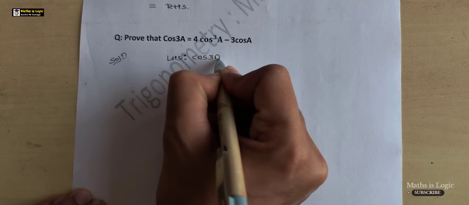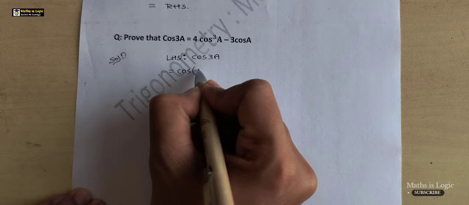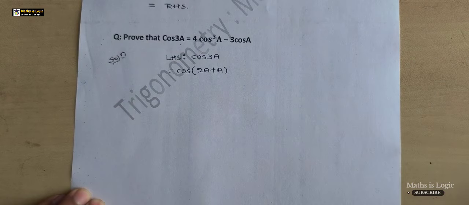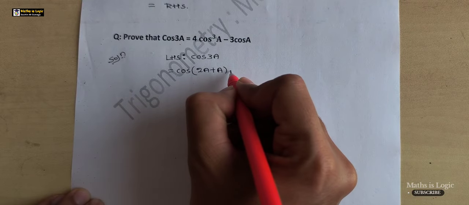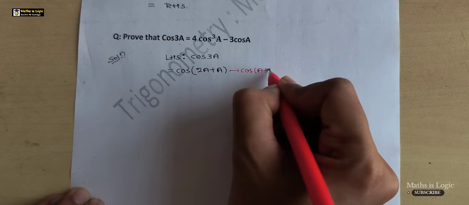Cos 3A, which is equal to cos, keep it as it is, split this 3A as 2A plus A. Once I split 3A as 2A plus A, this looks like cos(A plus B).